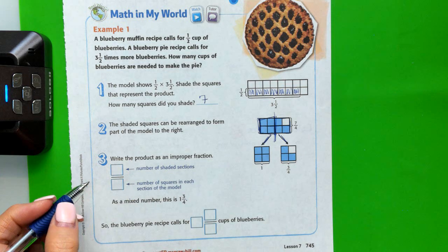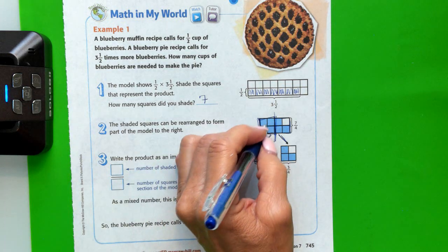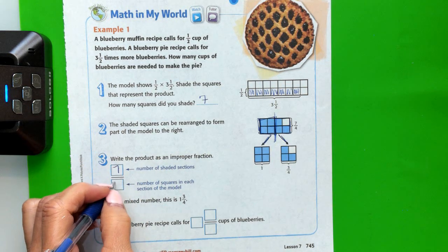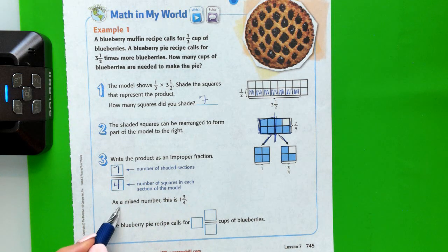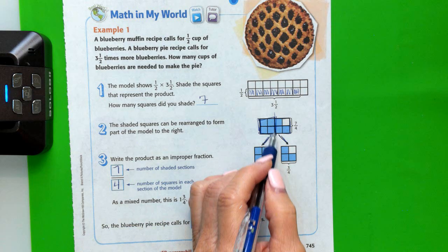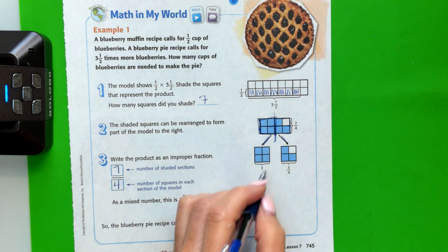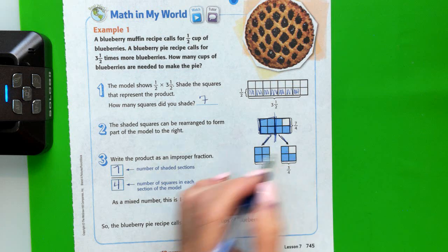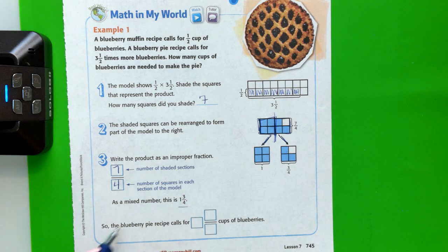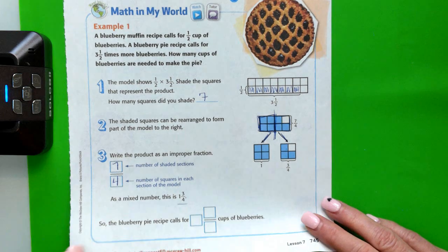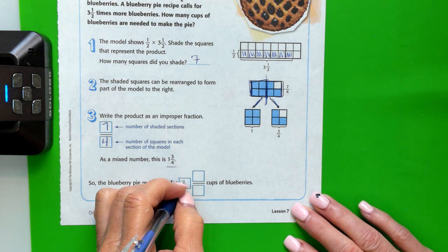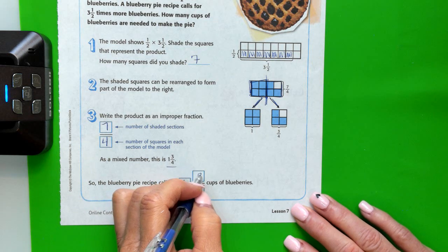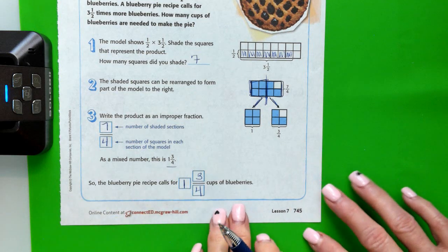Okay, so we have 7/4, don't we? So as a mixed number, we can convert that into one whole and 3 out of 4. So the blueberry pie recipe calls for 1 3/4 cups of blueberries.